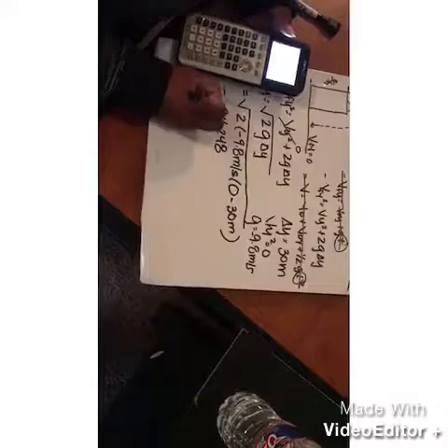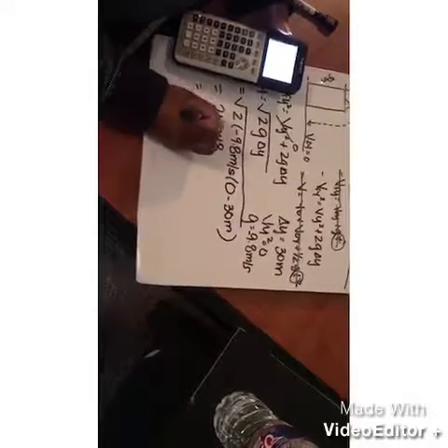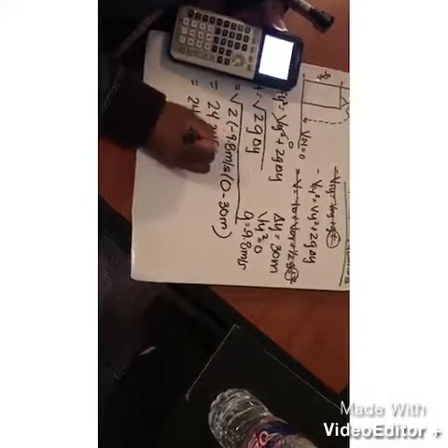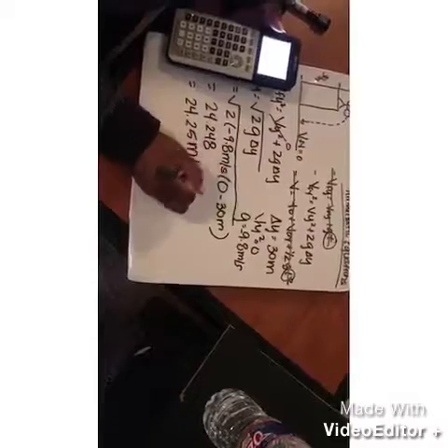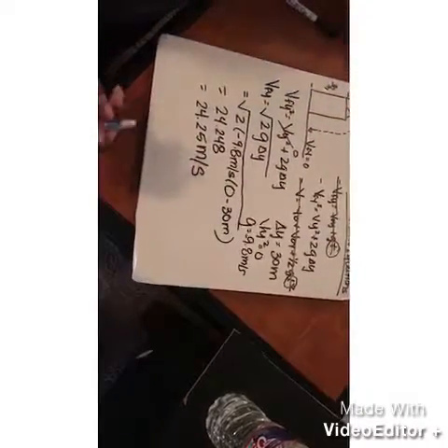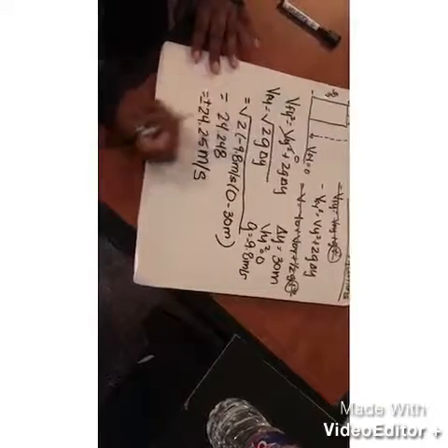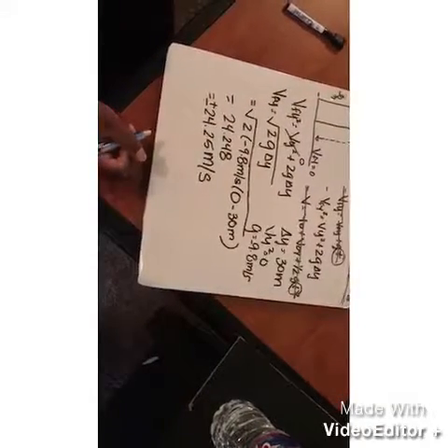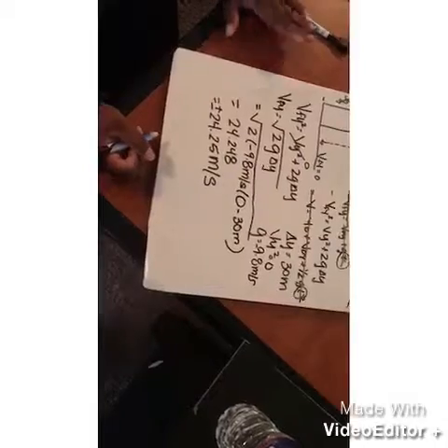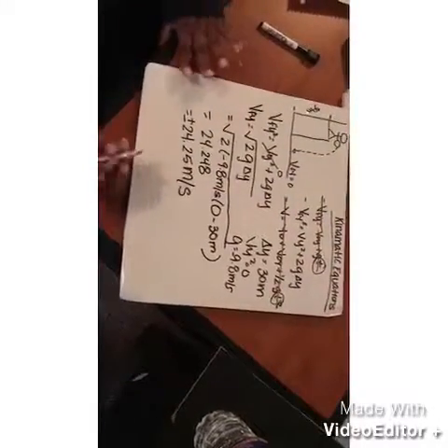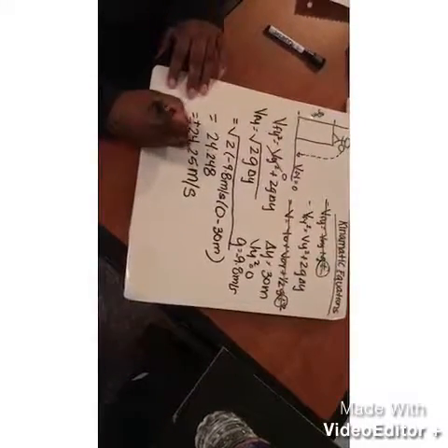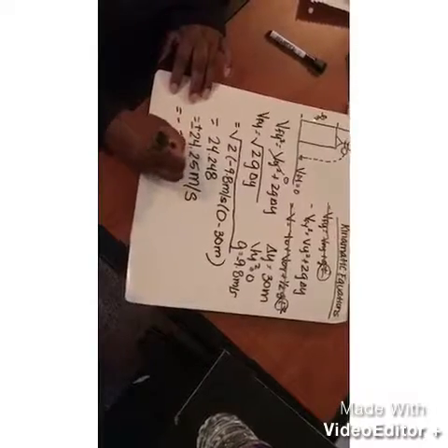And we're just going to round that to 24.25 meters per second. The key with free fall is that the answer can be plus or minus. But since we're doing free fall going downward in the Y direction, we want our answer to be negative.